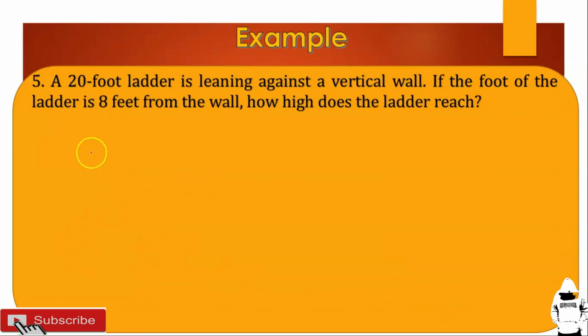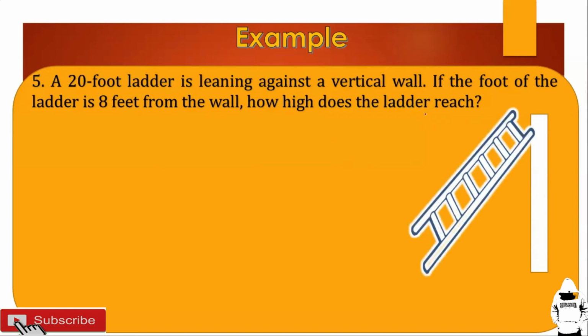Let's have an example number 5. A 20-foot ladder is leaning against a vertical wall. If the foot of the ladder is 8 feet from the wall, how high does the ladder reach? So, let's consider this illustration. So, this is the wall, and this is the ladder po. Okay, leaning against the vertical wall. And then, yung measurement ng ating ladder, which is 20 feet.